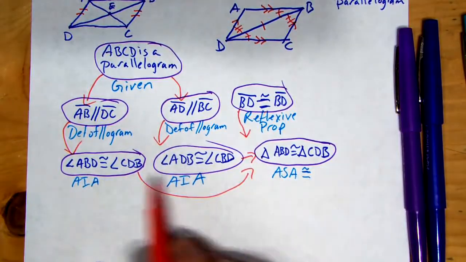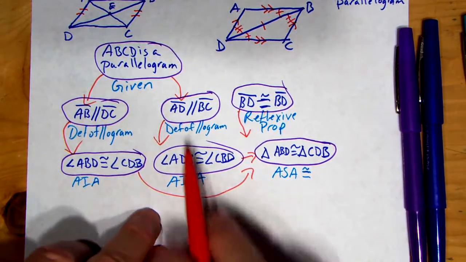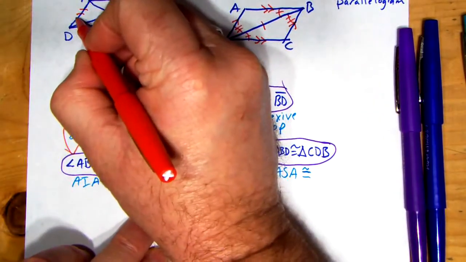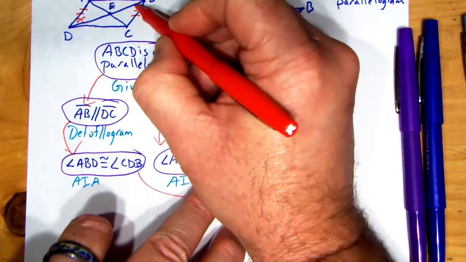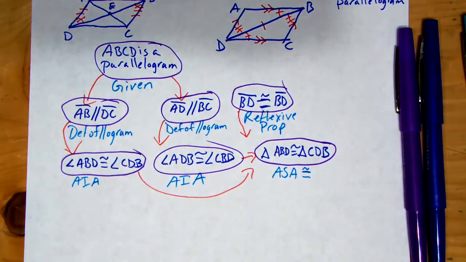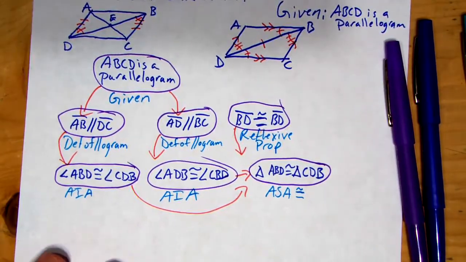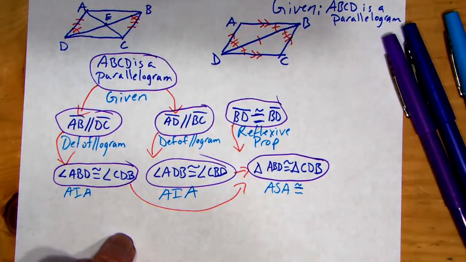We also, from over here, have that ADB is congruent to CBD, this angle up there. I've already got two of the three parts of that other triangle, or set of triangles, to be congruent from these statements.